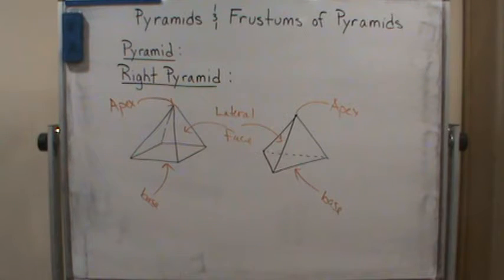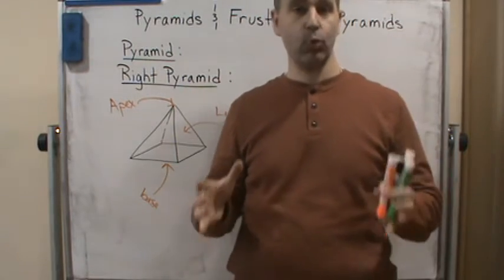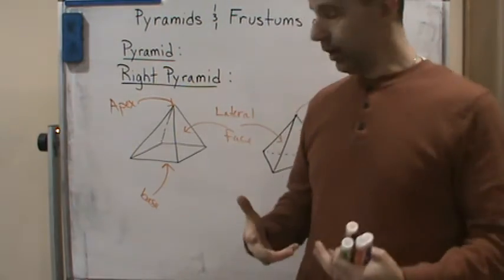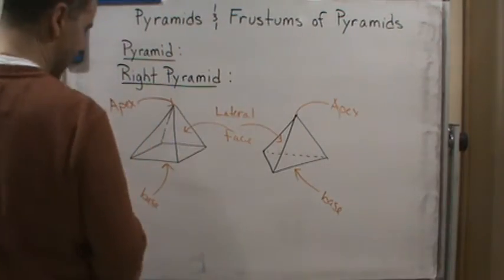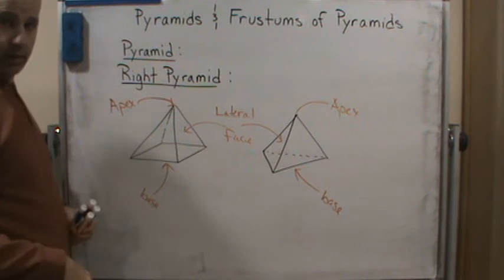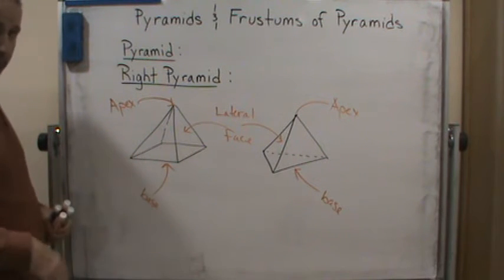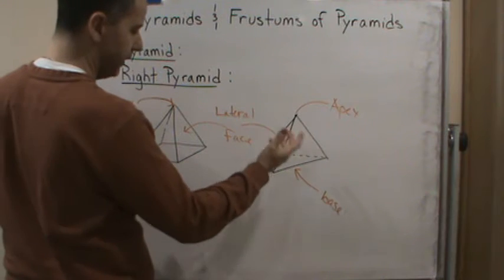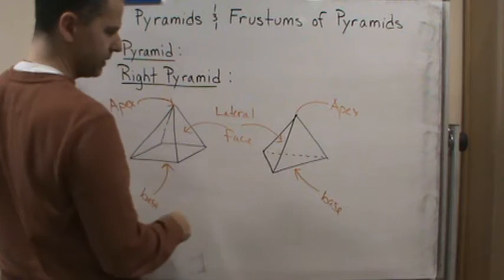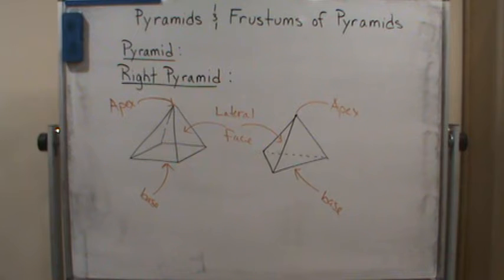Now, a right pyramid is a pyramid in which the base is a regular polygon. That's what we call a right pyramid. For example, if the base here was a square, this would be considered a right rectangular pyramid or a square pyramid. This one here, if we had an equilateral triangle for the base, then that would be a right pyramid. Now the altitude.